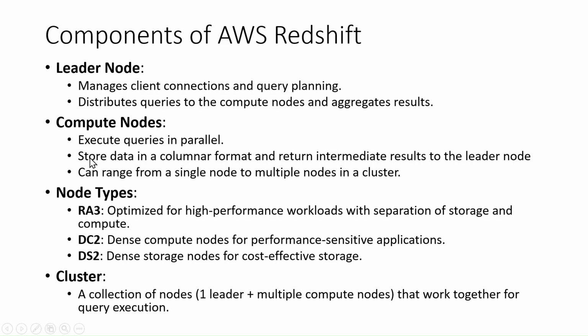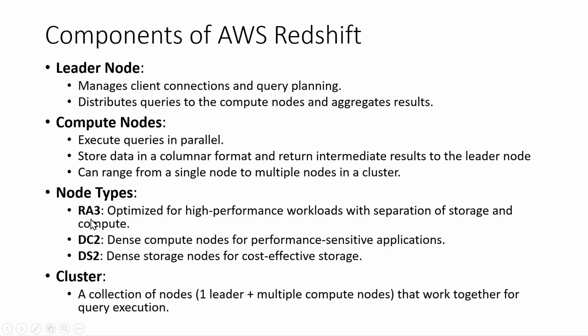Next is the compute node. It executes queries in parallel. Anything that computes, or if you are doing any transaction with the data, comes under the compute node. That is retrieving, updating and analyzing the data. We will be writing some code, right, and storing of columnar data, intermediate things.